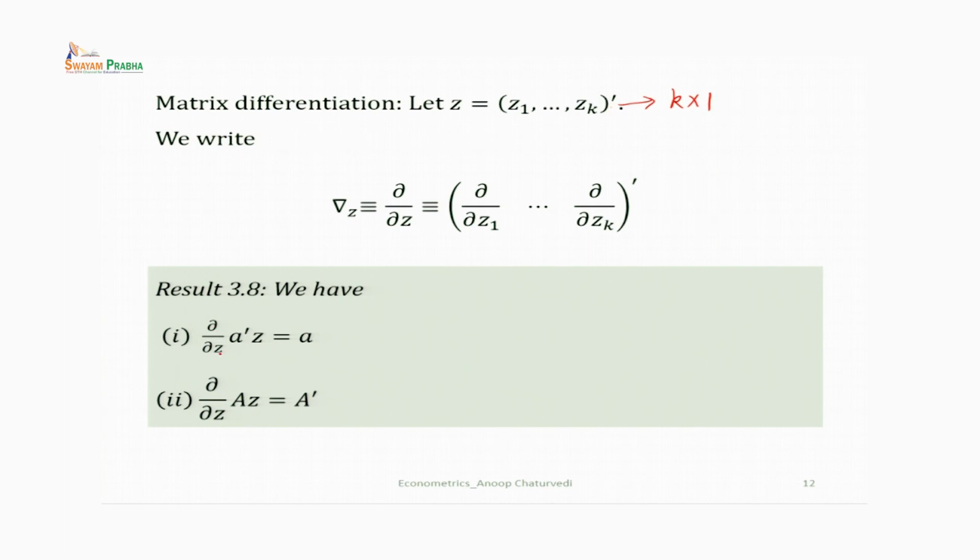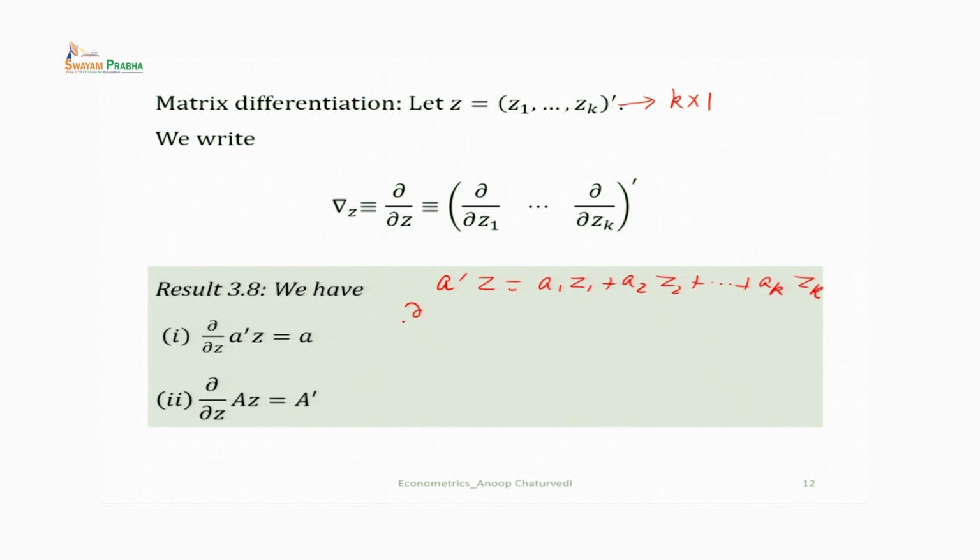Then del over del z of A transpose Z is equal to A, where A is also a k by 1 vector. Actually, A transpose Z is equal to A 1 Z 1 plus A 2 Z 2 plus A k Z k.